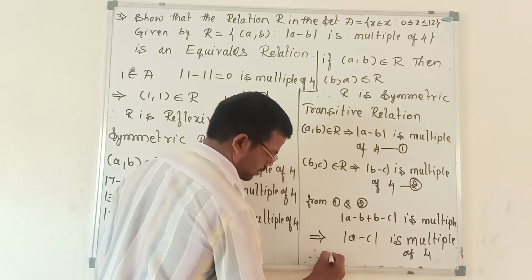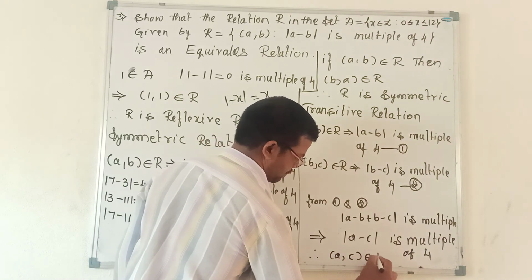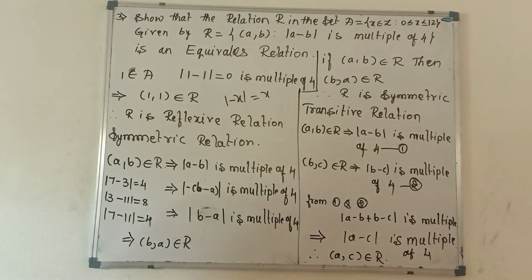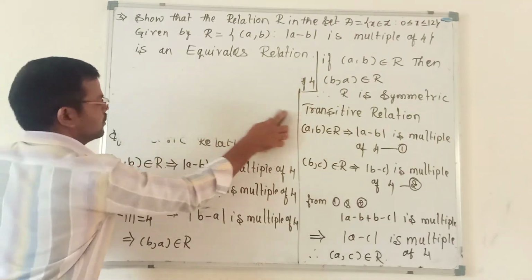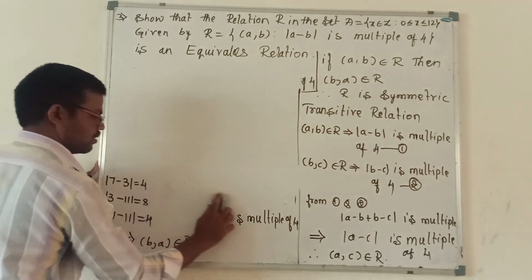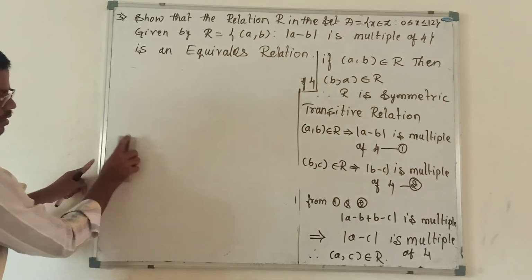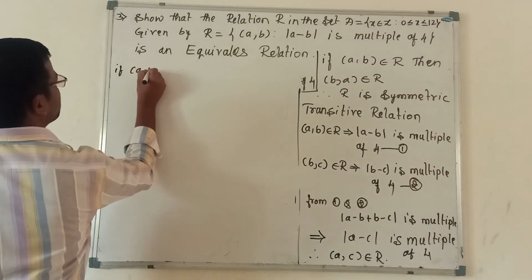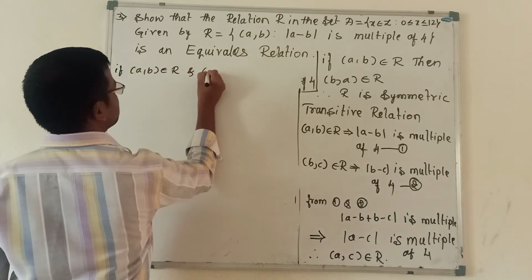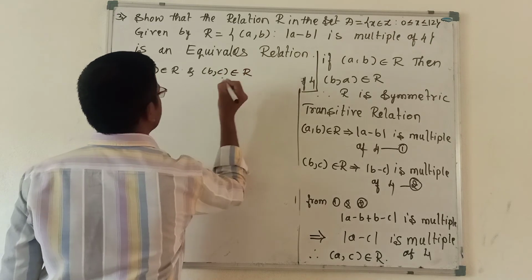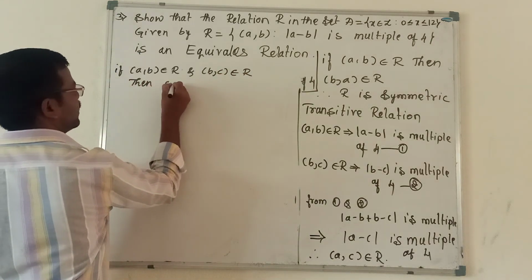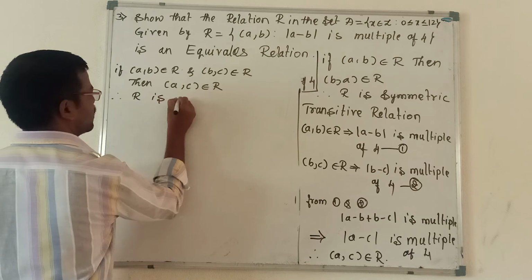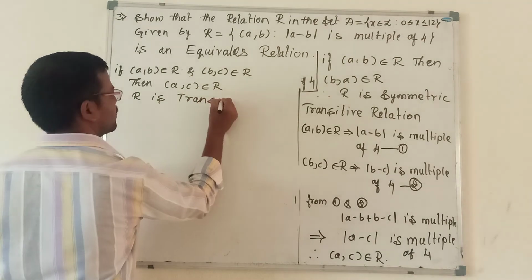Therefore A comma C belongs to R. So previously what we have: if A comma B belongs to R and B comma C belongs to R, then A comma C belongs to R. Therefore R is transitive.